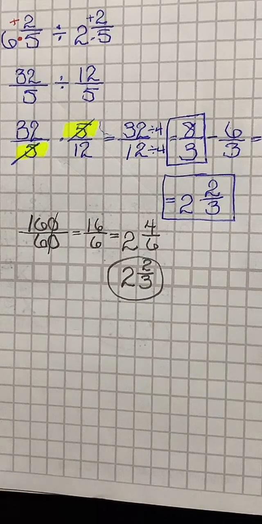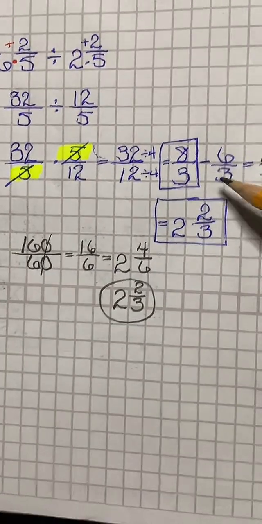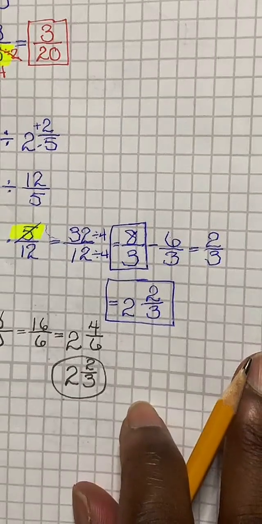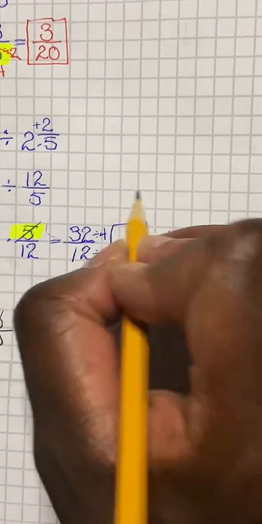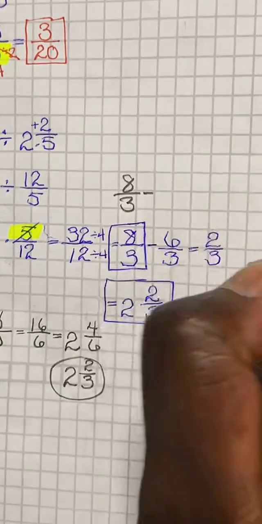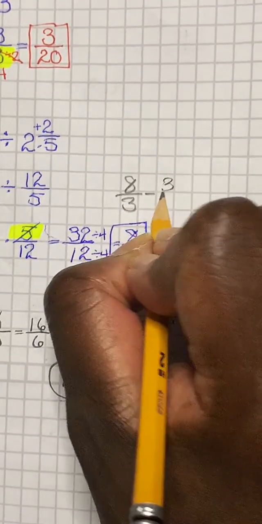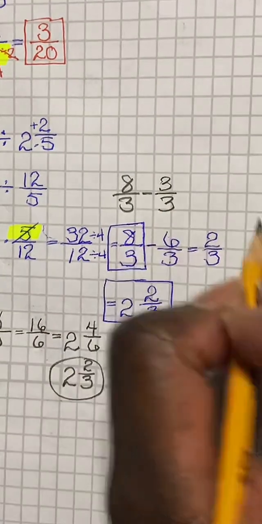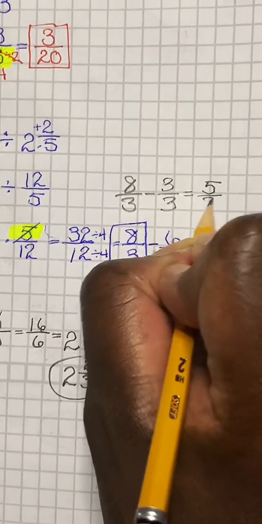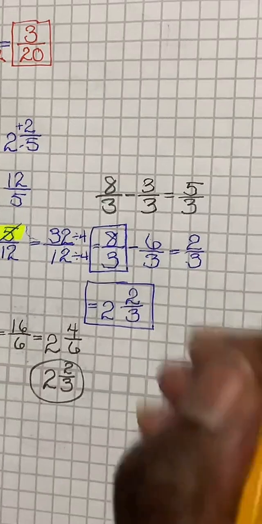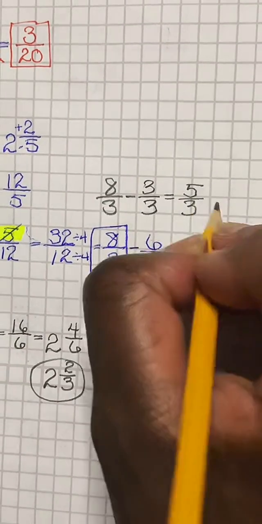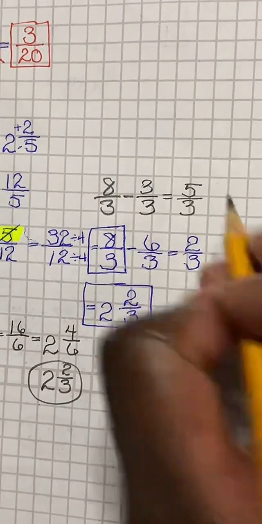How did I get 6/3? Well, if I'm going to take 2 wholes, because if I just take, let me put it up here. If I just said 8/3 and I took out a 1, which is 3 over 3, I'm going to get 5 over 3. So that's telling me I got another 1 that's involved in this because it's still an improper fraction.